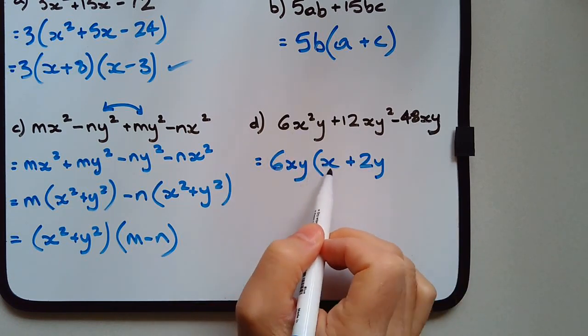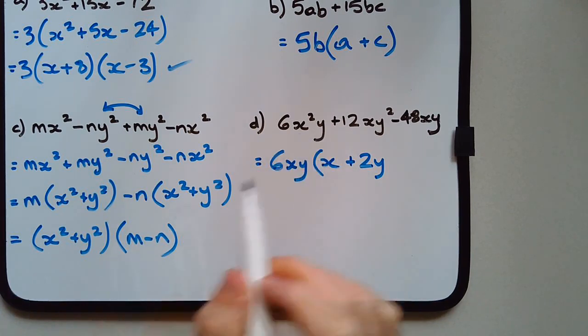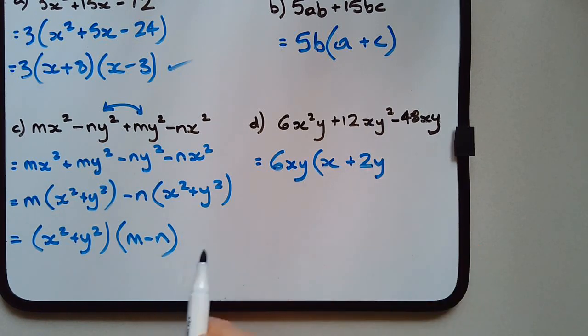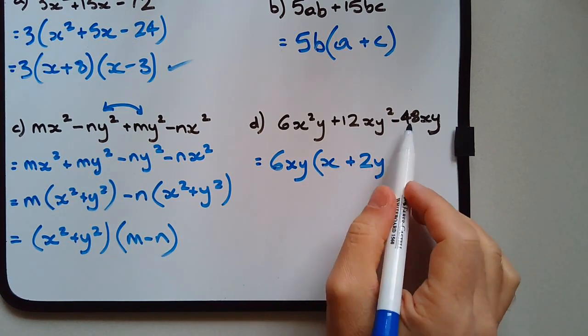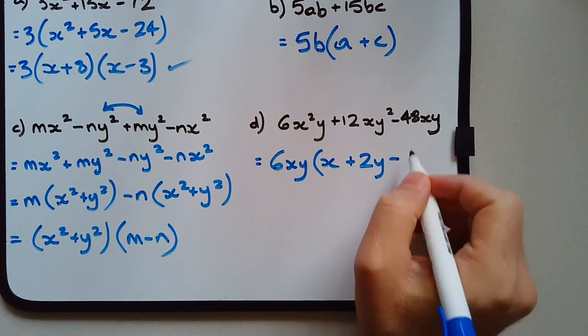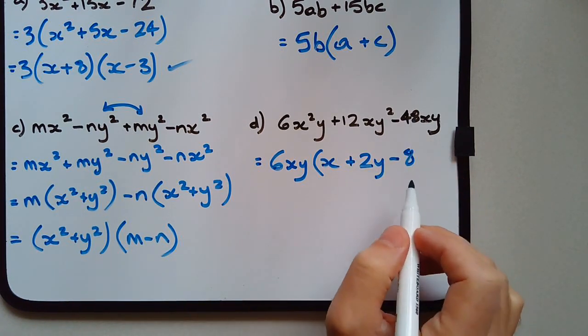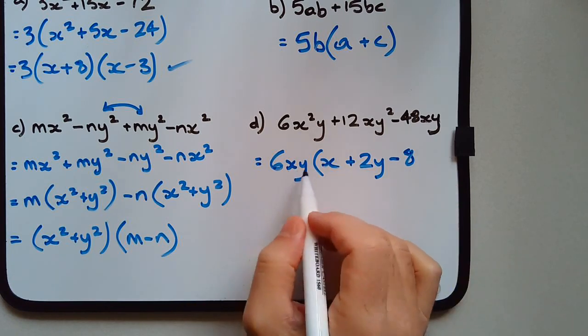So 6xy times x is 6x squared y. Agreed. 6xy times 2y is 12xy squared. Yeah, that's fine. And what about negative 48? So there's 8 of those, isn't there? So we've got 6 times 8 is 48. And then you have xy. Well, we've taken the xy out already.